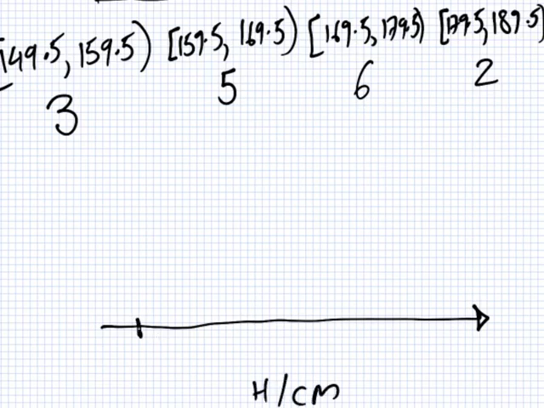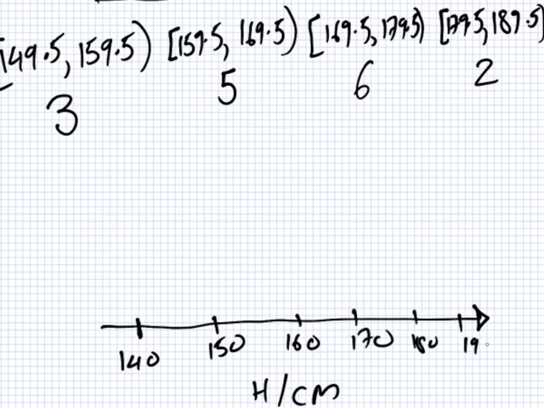So we have here, for example, 140, 150, 160, 170, 180, and 190. So the first class goes from where to where? 149.5, which is about here, to 159.